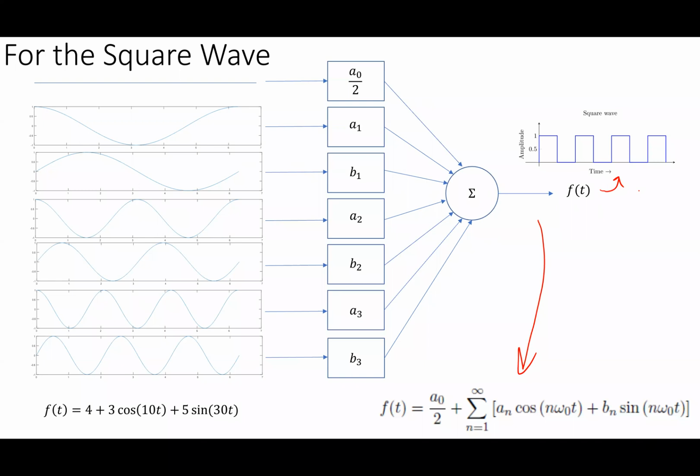The way I think about it is that you could create this square wave by getting a bunch of sine and cosine waves at these harmonically related frequencies, figuring out how much of each one, and then adding them all together. So what is this waveform right here? A1 refers to what I call the first harmonic.